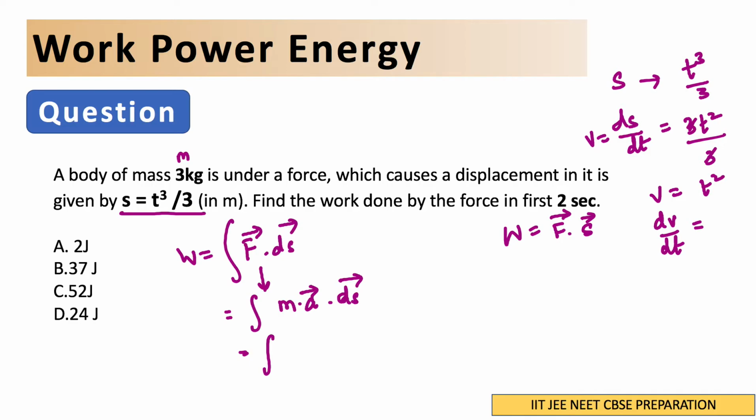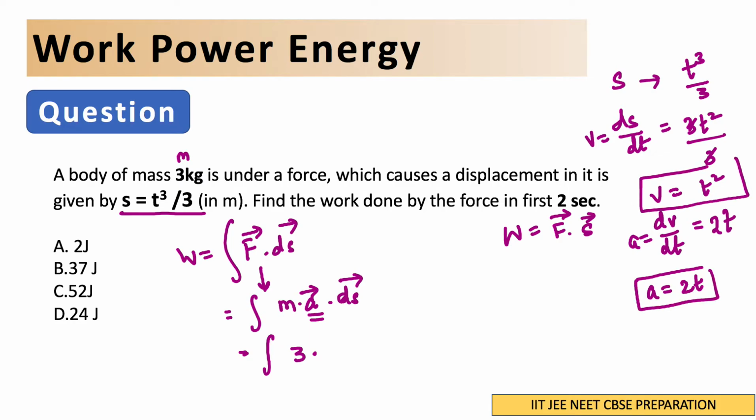Acceleration is dv/dt. Since v is t², differentiating again we get 2t. So acceleration becomes 2t, and I can put this in the formula. So this becomes 3 into 2t into ds.